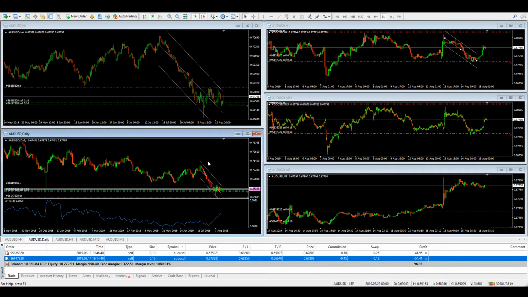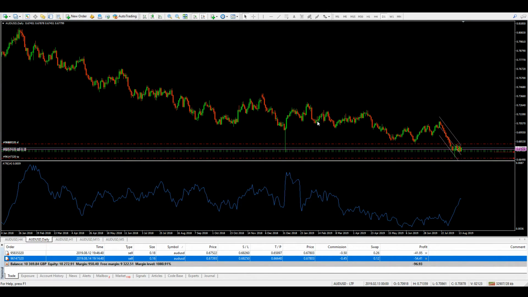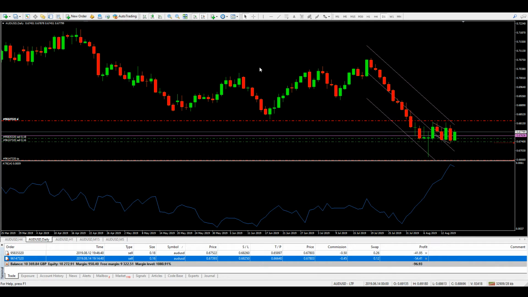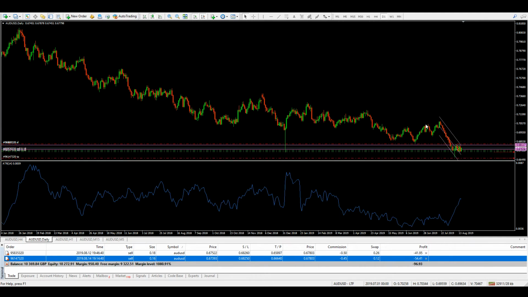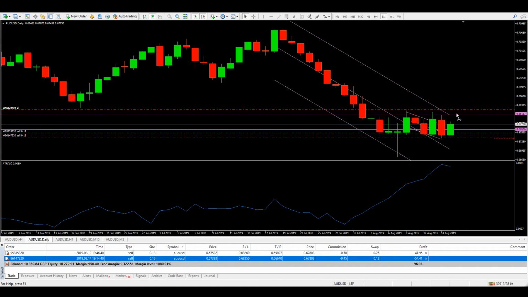This daily we can see is within our standard deviation channel. These highs just underneath where my stop loss are. It's had some trouble moving past higher than that level. So I'm happy with my stop loss above there.